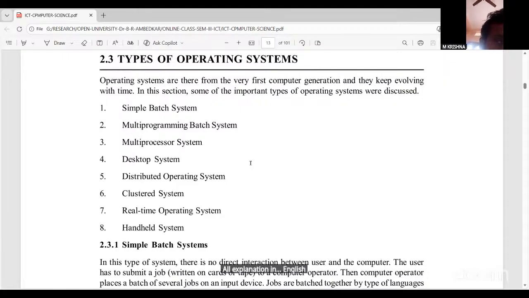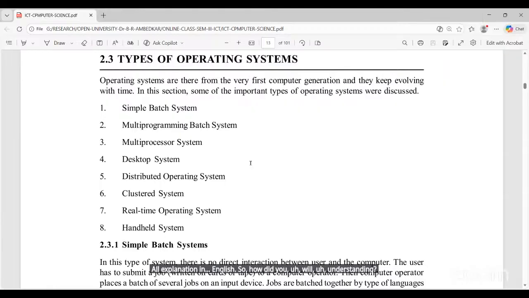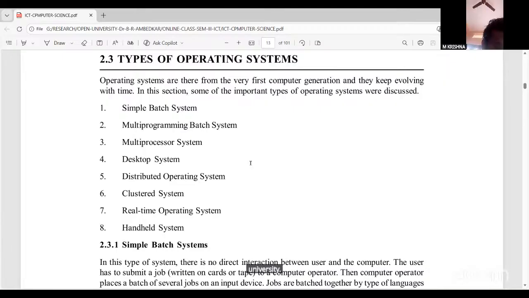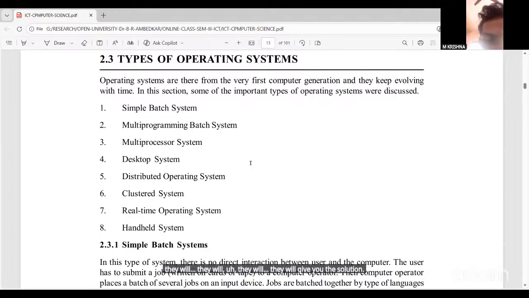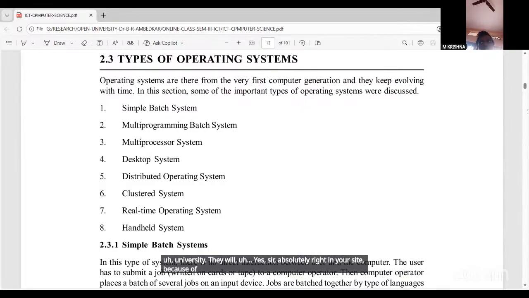How will I understand? Please consult the university. They will give you the solution. Yes, sir, the university rules, you are absolutely right. Telugu medium students are also available now, sir.